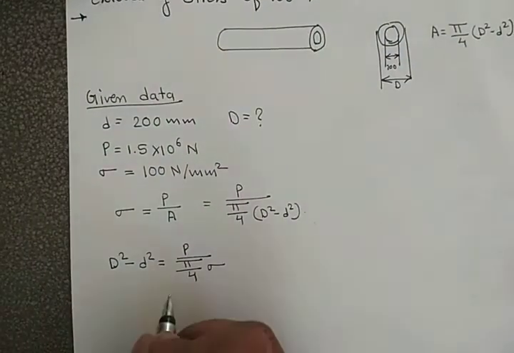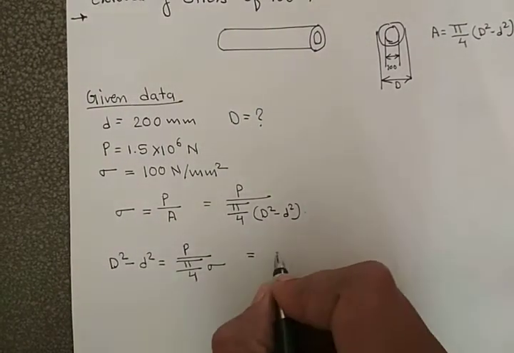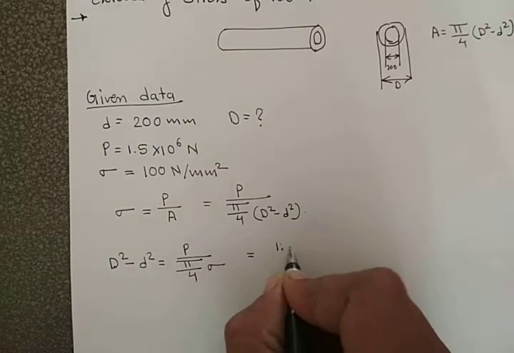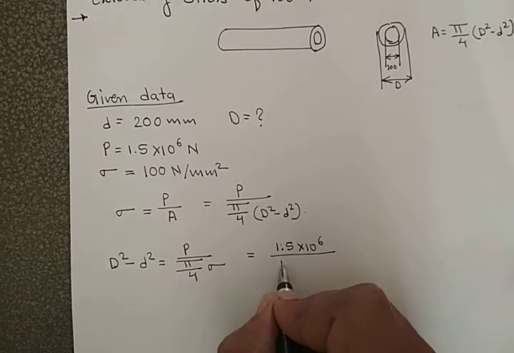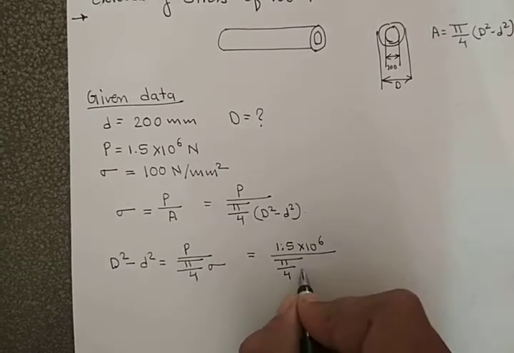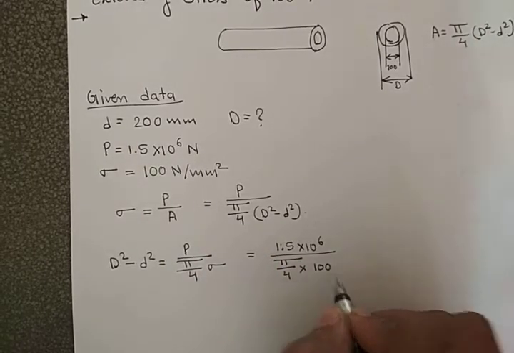Now we will substitute the values of P and stress. First, P is 1.5 into 10 raised to 6 divided by pi by 4 into stress, which is 100.